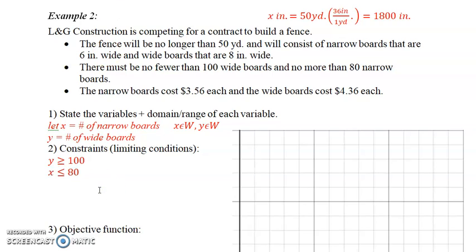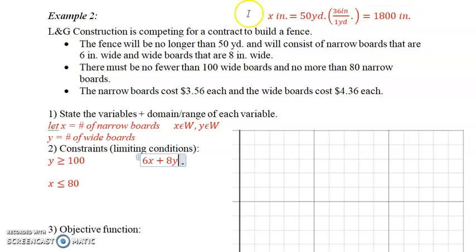All right. To get the total distance with respect to the 1,800 inches, the narrow boards are 6 inches, so it's going to be 6x, and 8 for the y, so 8y.